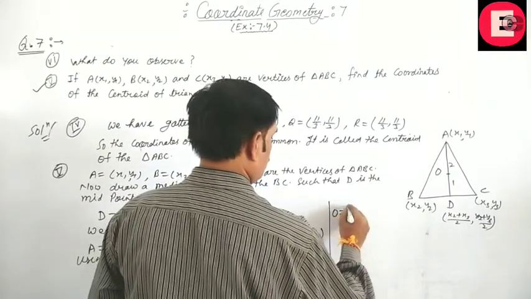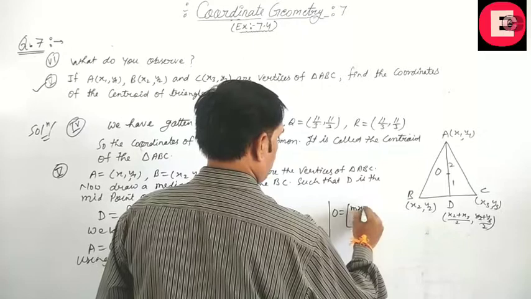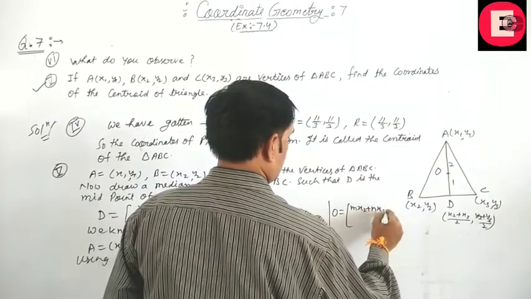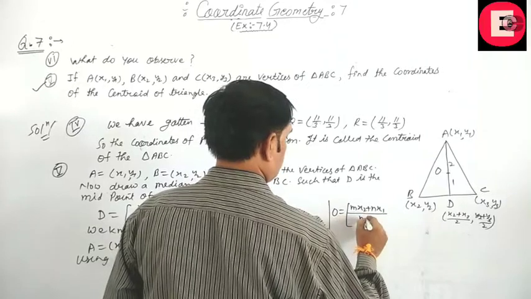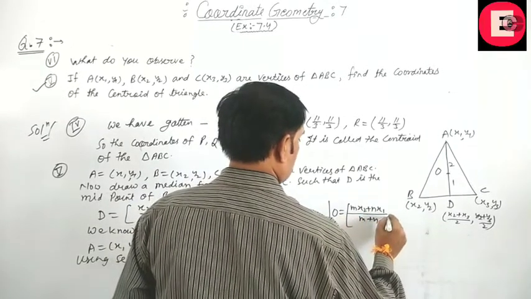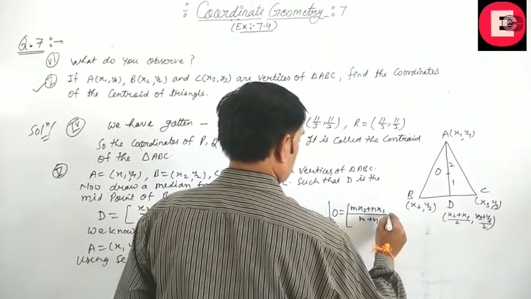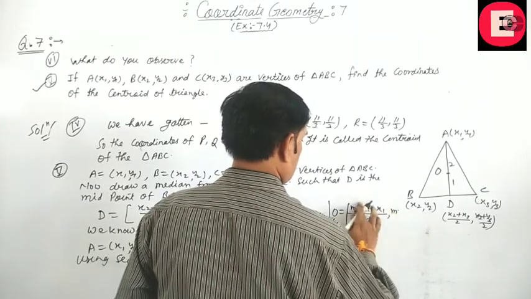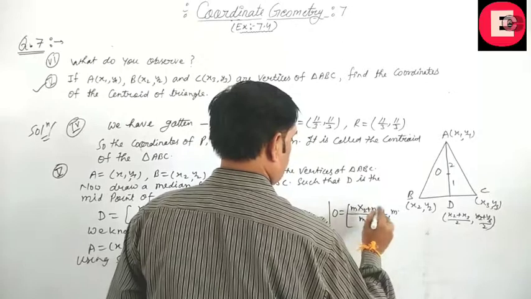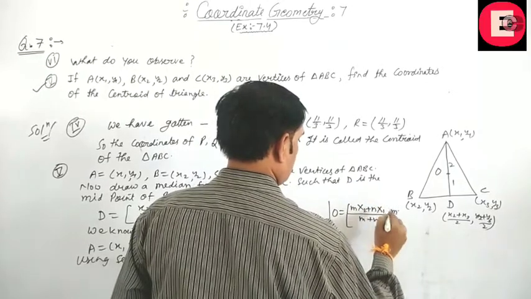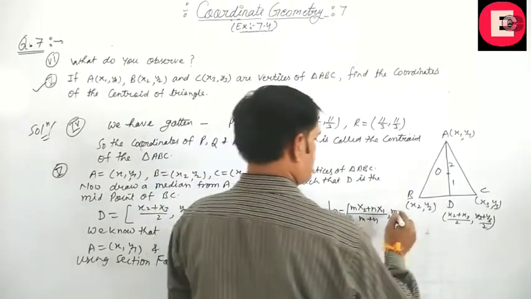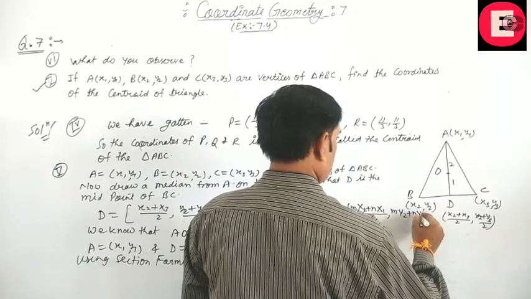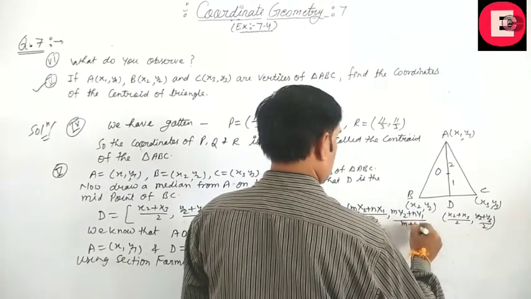Then O is equal to m x2 plus n x1 upon m plus n, taking the coordinates, then m y2 plus n y1 upon m plus n.